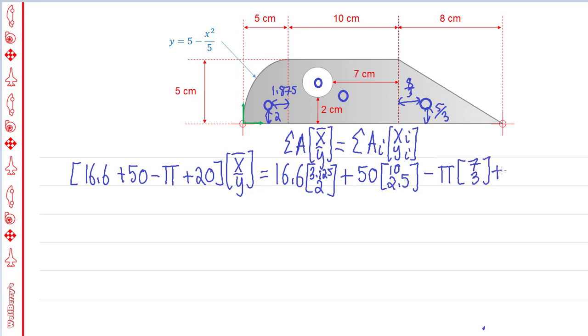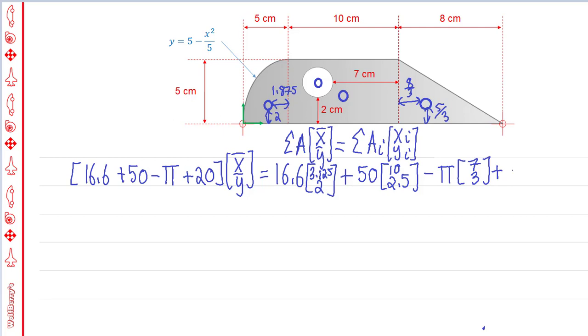Finally, plus the center of gravity of the triangle to the axis. Now the triangle center of gravity, as you can see from last time, was 8/3. But again, we have to go all the way back to the axis. Always go back to your x and y axis. This is 10, this is 5, so all that is 15 plus 8/3. 15 plus 8 over 3 is 17.6.